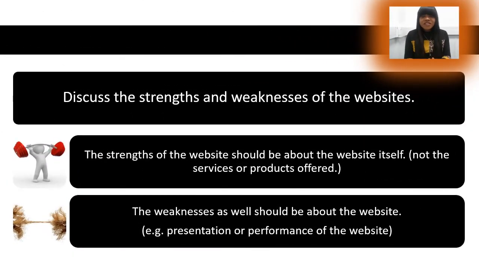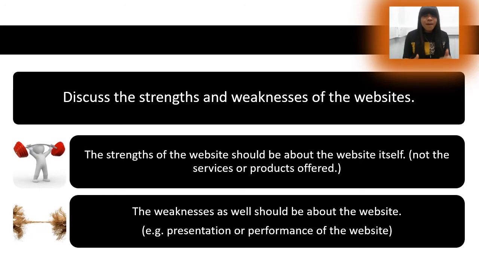So the first aim and the first distinction task we're going to cover, which is D1, discuss the strengths and weaknesses of the website. I wanted this to show on here only because I needed you to understand that the strengths and the weaknesses should be about the website itself, not about the service, not about the product that the website offers.